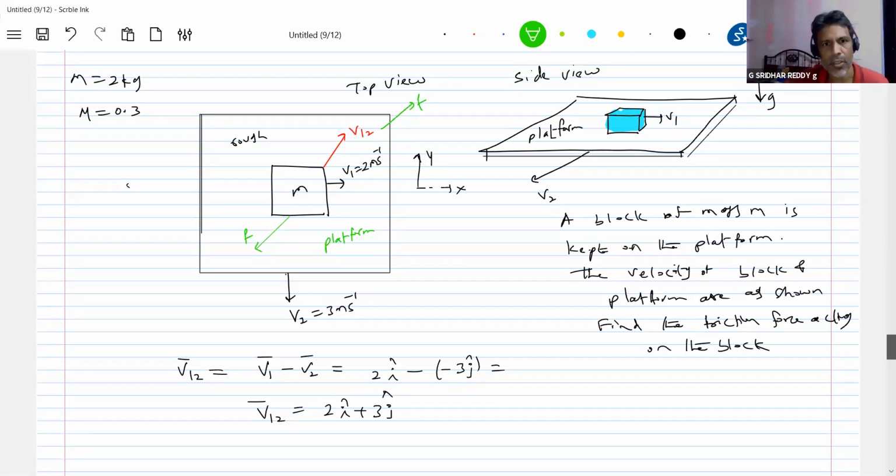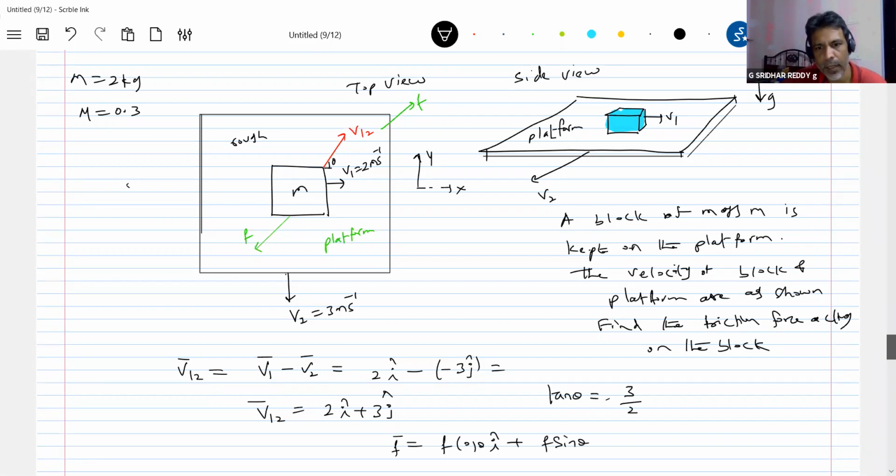So how much angle will it make? This will be theta. Tan theta should be equal to 3/2. So what is the expression for F bar? F bar should be equal to F cos theta i cap plus F sin theta j cap.